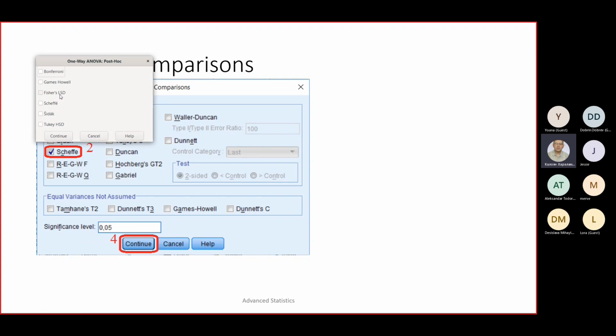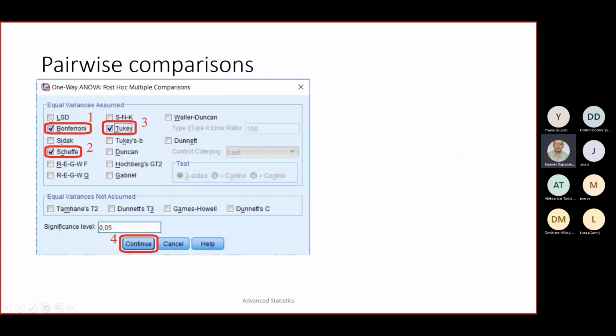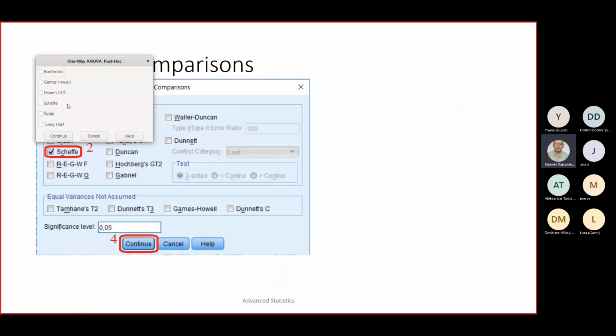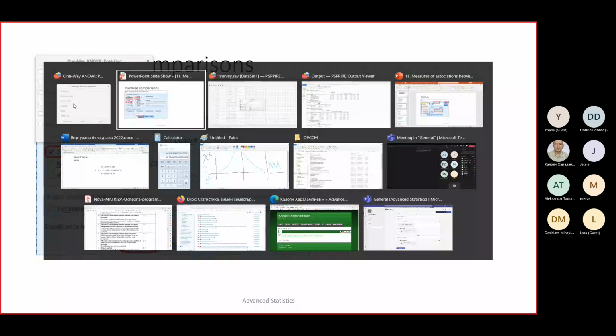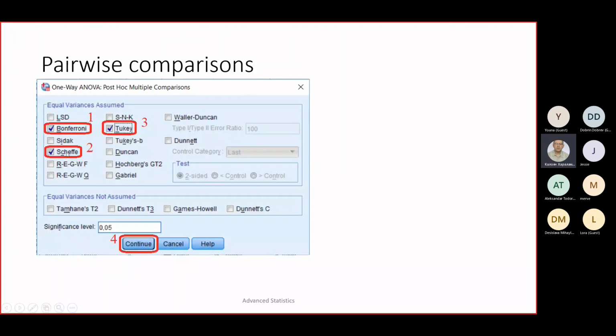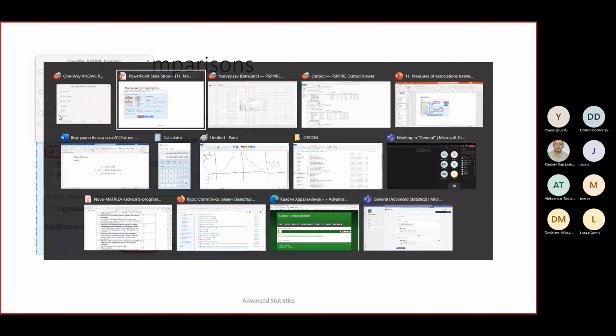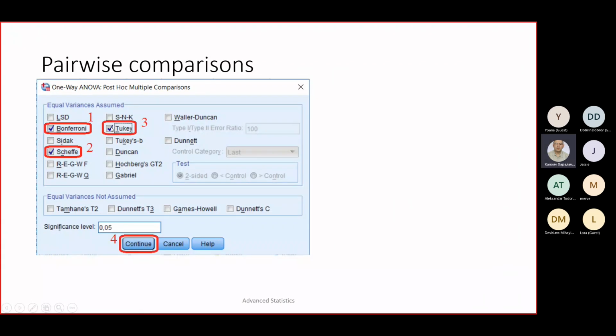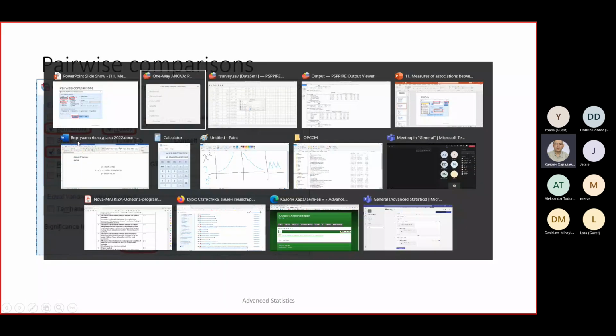Fisher's least significant difference, LSD, is here, equal variances assumed. Scheffe is also here, equal variances assumed. Sidak is here, also equal variances assumed.